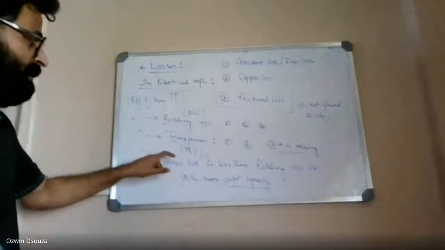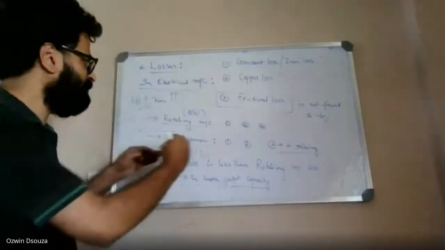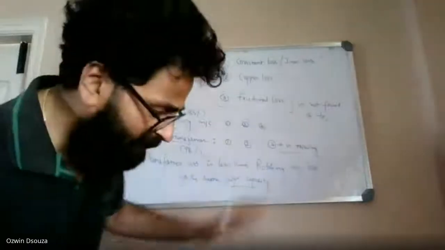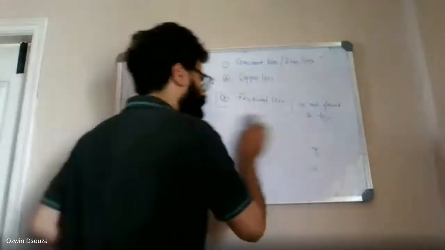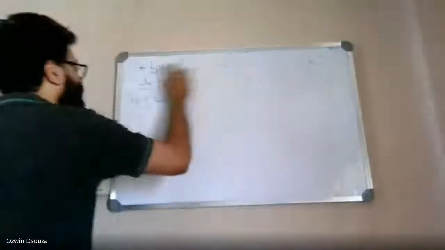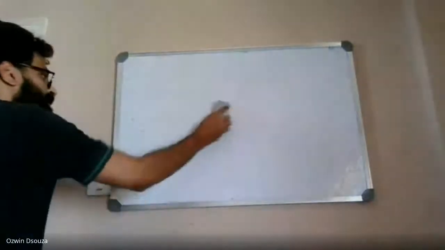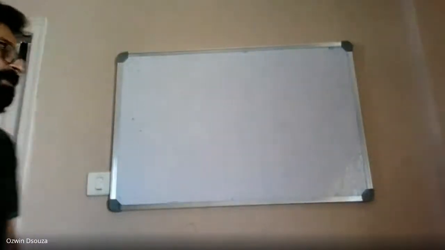That's because the loss component is less in case of transformer, and the loss component is more in case of rotating machine because there is frictional loss. So this is the basic understanding of different types of losses occurring in electrical machine. It could be a rotating machine or it could be a stationary machine. All right. So that's about the first part.